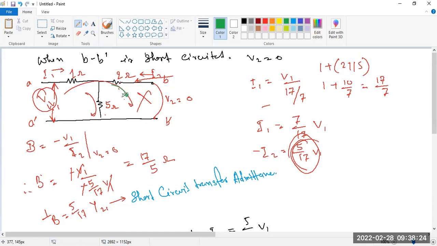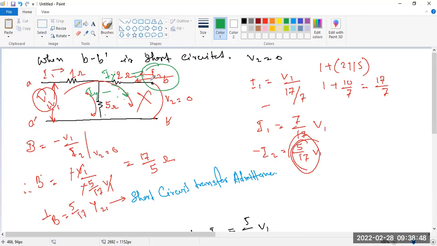Whatever it is flowing, you have to find out. Here there is no I2. Then this current is flowing as Ix and Iy. Because this current is divided here. This Iy is actually I2.